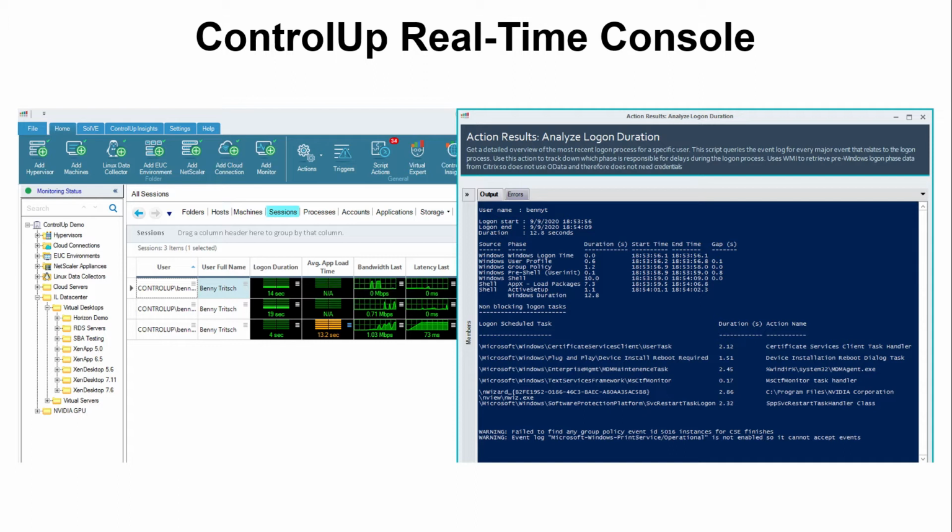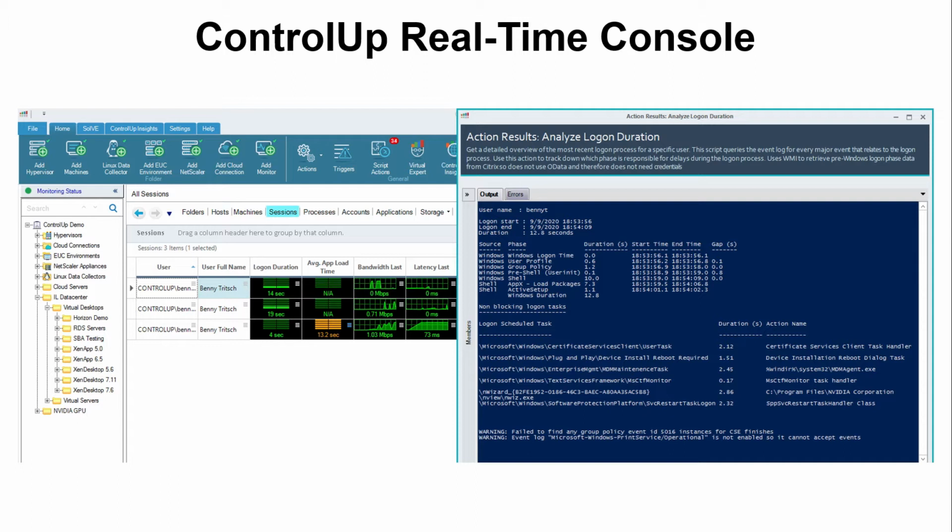And on top of that, you can dig into the details of each individual VM or each individual session that's running on the VM. Here, as an example, I ran a script that is behind one of my interactive sessions that I have opened. And it allows me to look into the details of my logon duration.